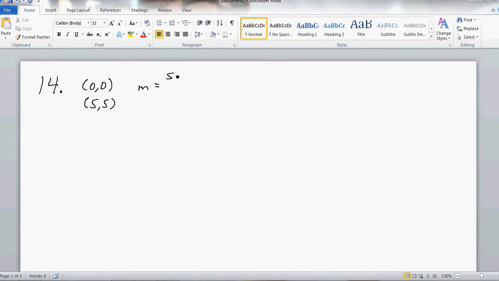That's 5 minus 0 over 5 minus 0, or 5 over 5, which equals 1. Then if we use the point 0, 0, that's very simple. It's y equals 1x plus the intercept, which is 0. So y equals x would be the oblique asymptote.